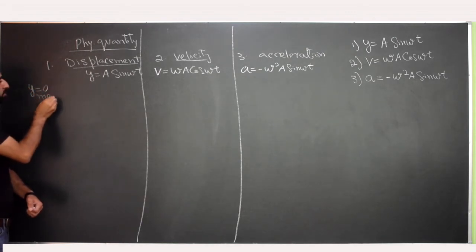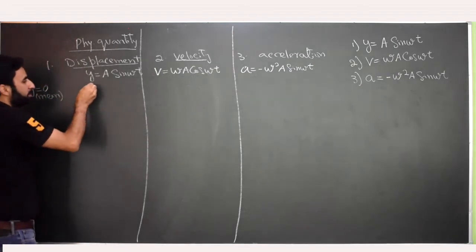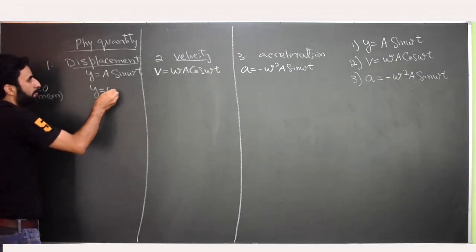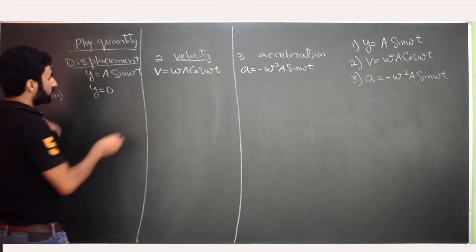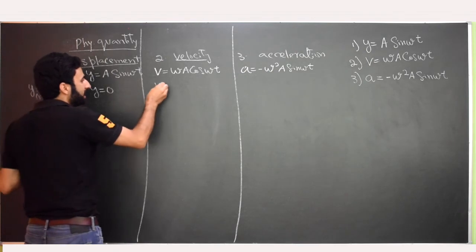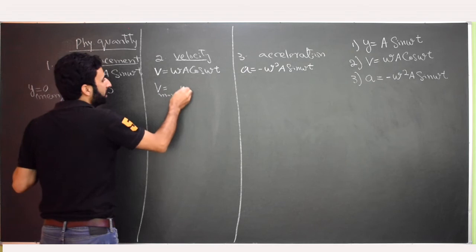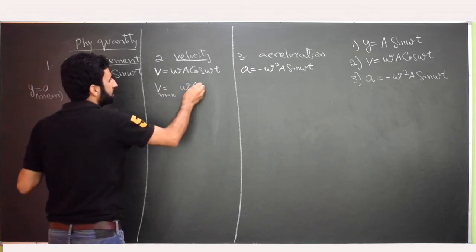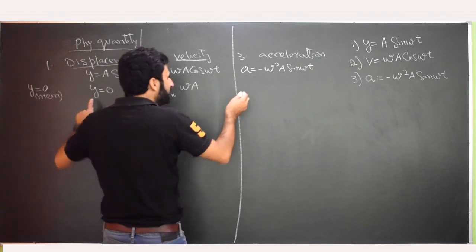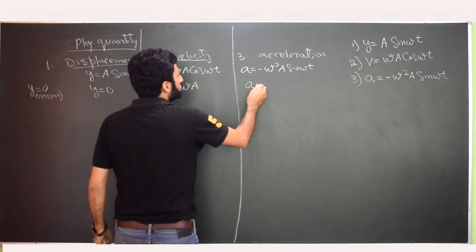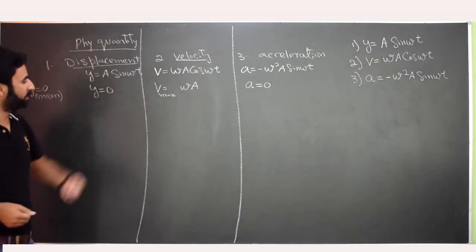Now, the second thing, if we talk about mean position, y is equal to 0. So at mean position, obviously displacement is equal to 0, but we found out velocity is maximum, which we got as V maximum is equal to omega A, and acceleration at mean position is also 0, because these are the things which we derived while deriving those expressions.